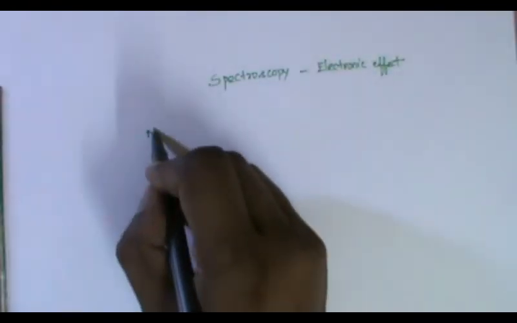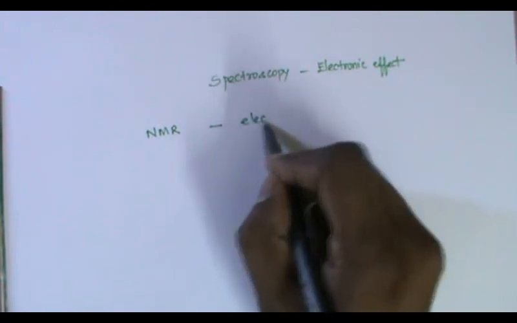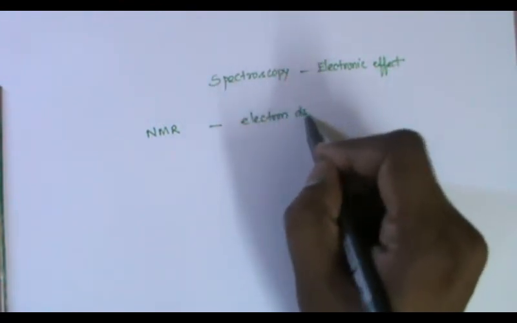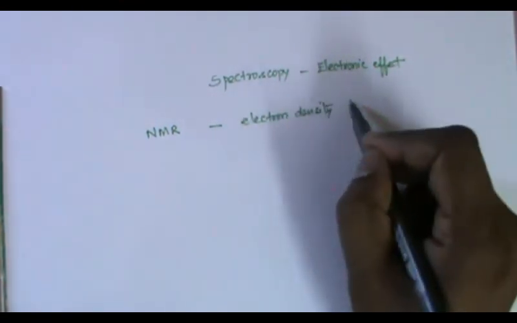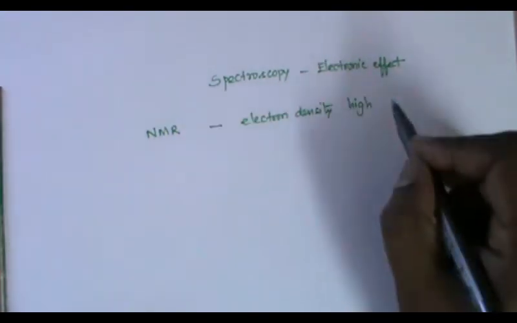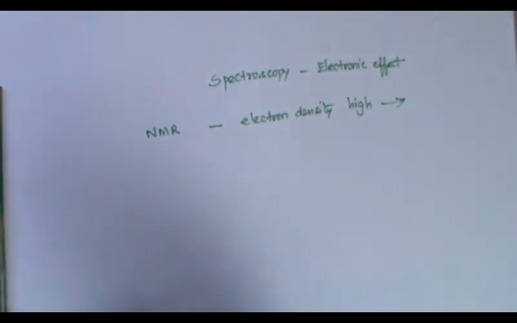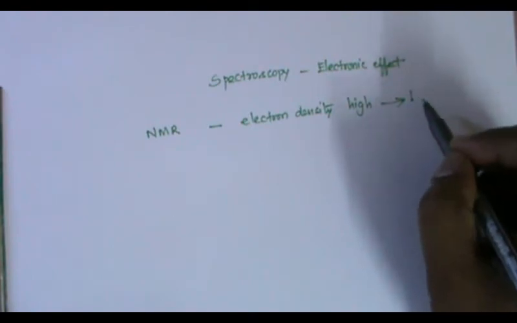First I go for NMR. If electron density is high, then the chemical shift will move towards the shielded region.